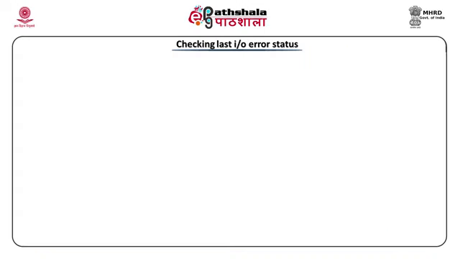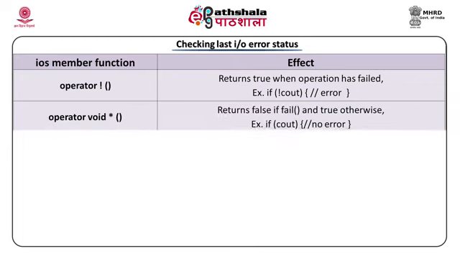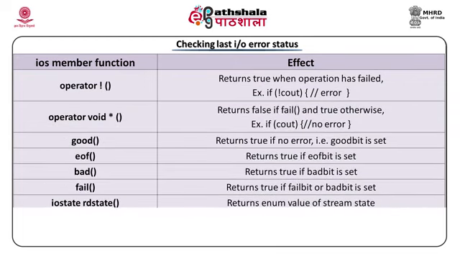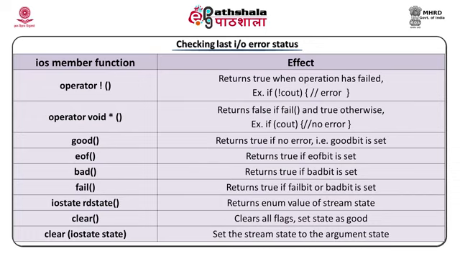To check these error bits, either we can simply use those constants for the error bits in the if statement, or C++ provides some member functions also in the class, like the overloaded operator not, void star, good function, EOF function, bad function, fail function, and the return values are all self-explanatory as given in this table. We can use the rdstate function to read the stream state. It will return the value of the type iostate. Clear function can be used to clear all the flags.